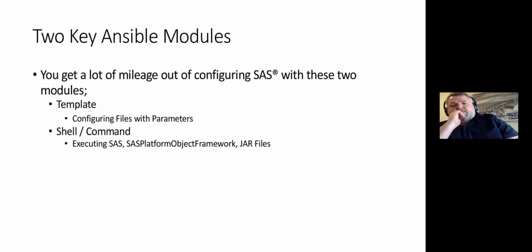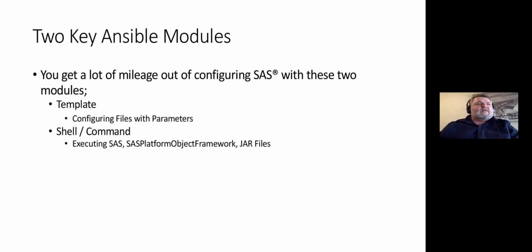In Ansible, and when you think about SAS 9, there are two key modules you get a lot of mileage out of. That is the template task. The template task lets you configure files in a parameterized manner. So these are things like your SAS v9 config, your app server autoexec config.